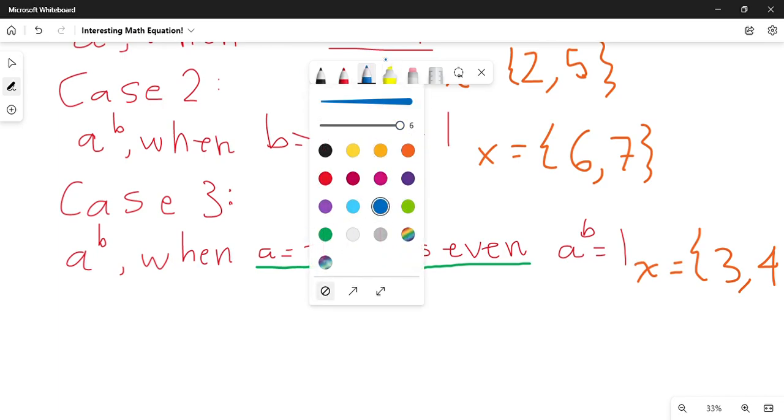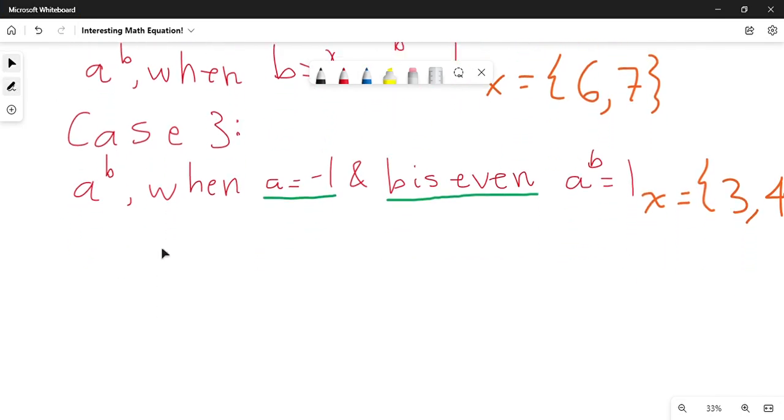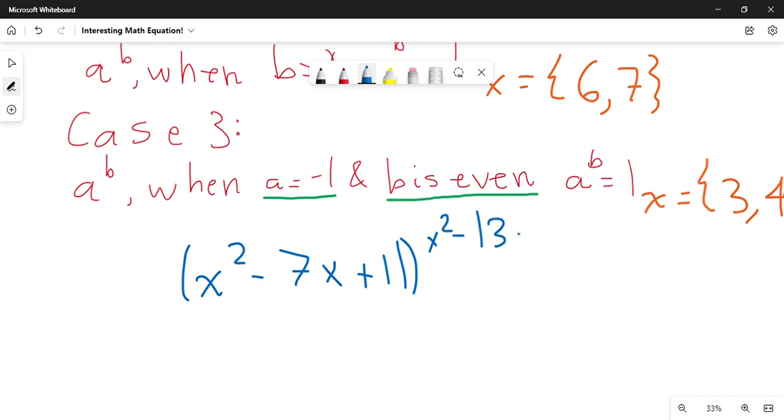Let's write out the problem one more time: x squared minus 7x plus 11, to the power x squared minus 13x plus 42, is equal to 1.